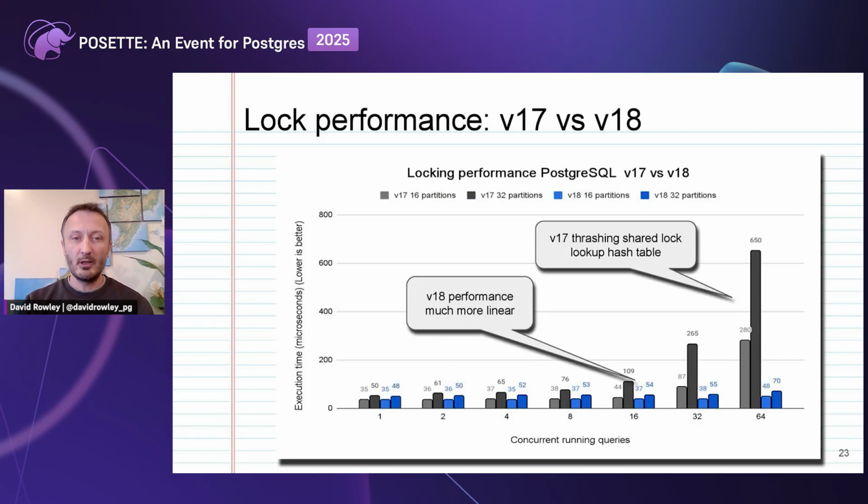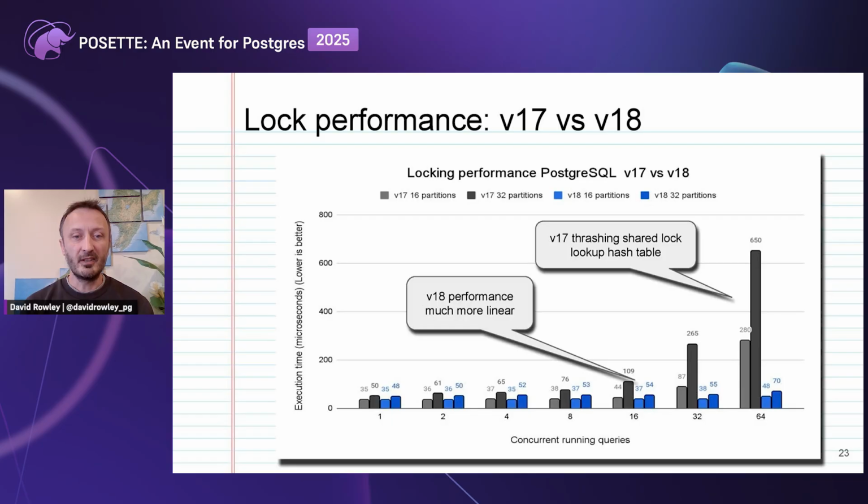If we look at the performance of this, what I've measured is I've created 2 partitioned tables, one with 16 partitions and one with 32 partitions. These tables are empty, because what I want to measure here is just the overhead of obtaining these locks at executor startup. By the way, if you're struggling with the colors, the bars in the graph are in the same order as they are in the legend at the top of the graph.